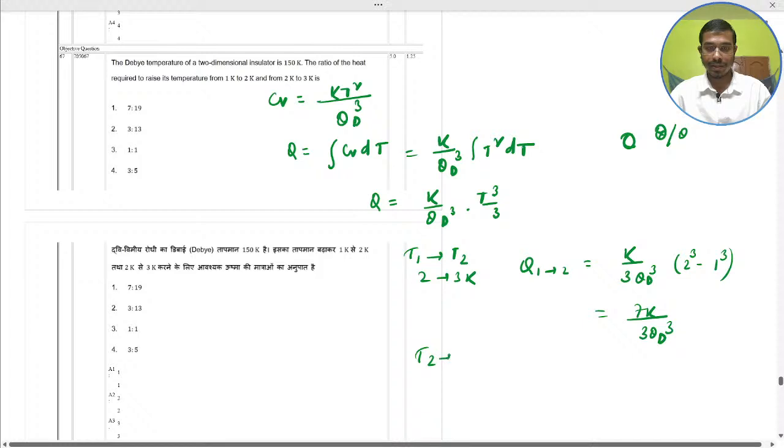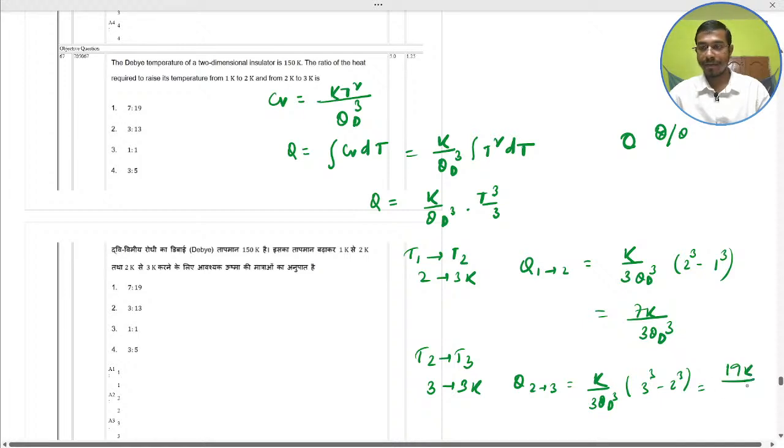Next, for T2 to T3, that is 2 to 3 Kelvin, Q from 2 to 3 is k over 3 theta D cubed times 3 cubed minus 2 cubed, that would be 19k by 3 theta D cubed.